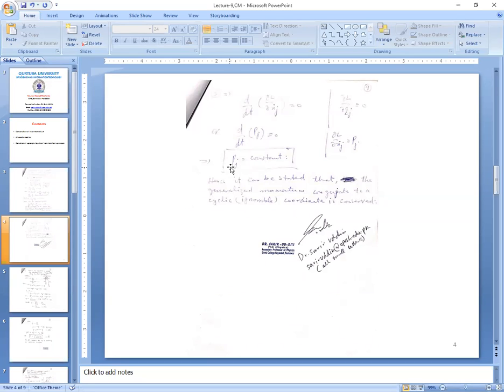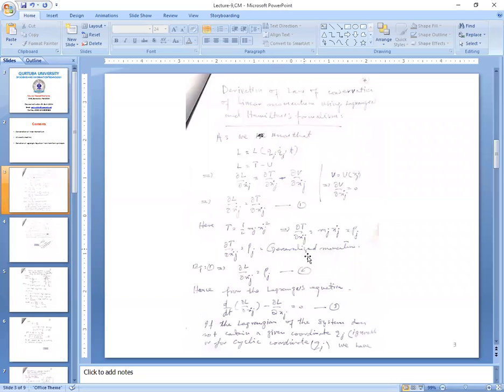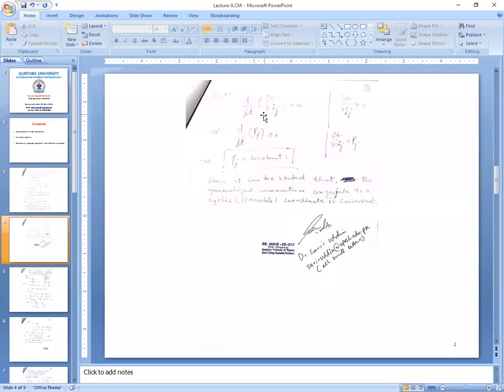It means that momentum remains constant. So we have done it another way rather than as written in these notes. We have in fact put F for this term, which is the force. When the external force acting on a body is zero, its momentum is conserved or remains constant.